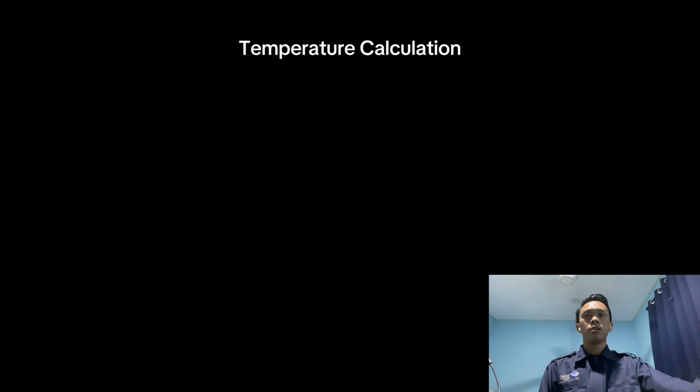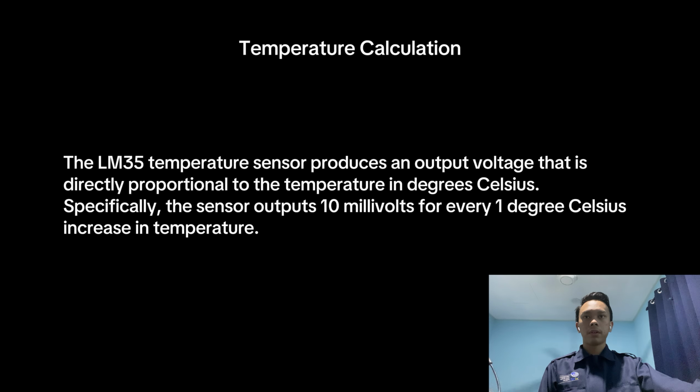And we are going to another chapter, temperature calculation. The LM35 temperature sensor produces an output voltage that is directly proportional to the temperature in degrees Celsius. Specifically, the sensor outputs 10 millivolts for every 1 degree Celsius increase in temperature.